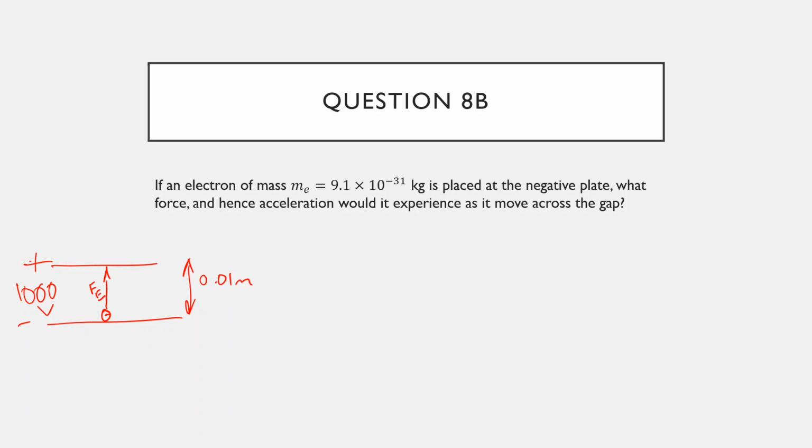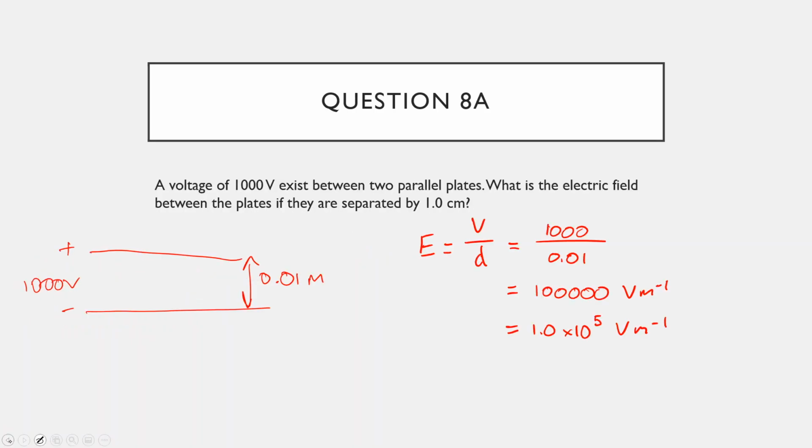So first of all, we've got to figure out what force is that going to be. Now, if we've got the field strength, then the electric force is simply just Q times the electric field. Okay, and from the previous question, we do have the electric field strength. 100,000 volts per meter.